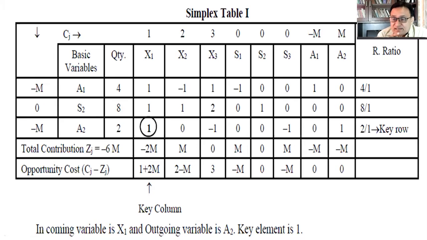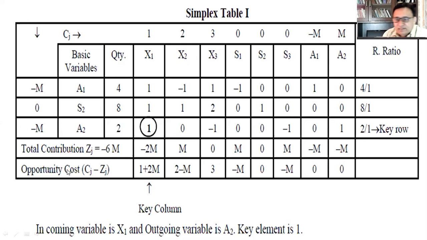Next, to check the optimality of this solution, we will find the Cj minus Zj value. Here are the Cj values, which are the coefficients of the variables in the objective function. So the x1 coefficient is 1, x2 coefficient is 2, then 3, then 0, 0, 0, and -m and -m.